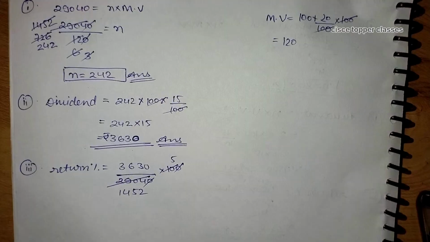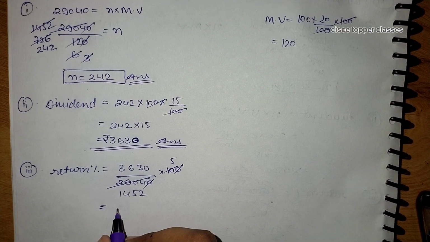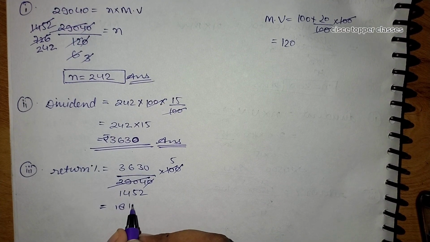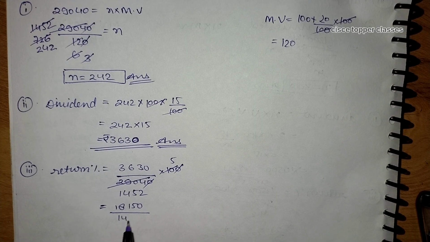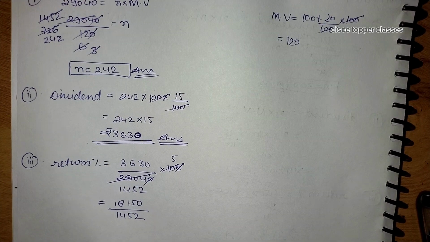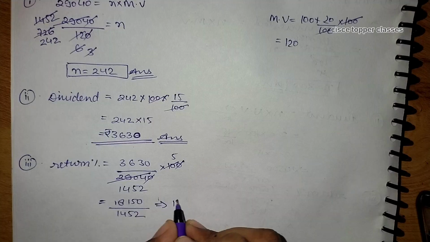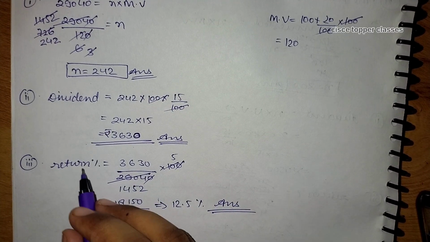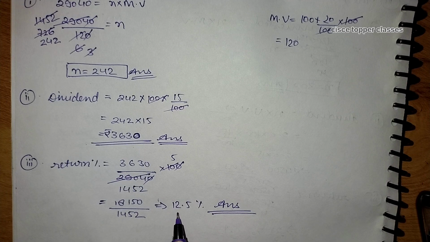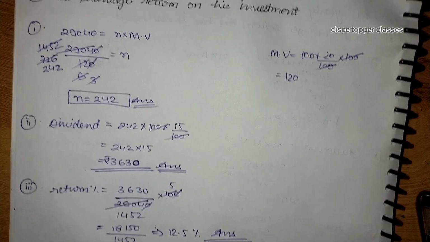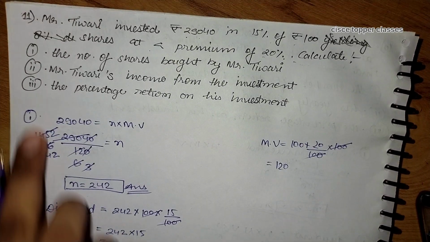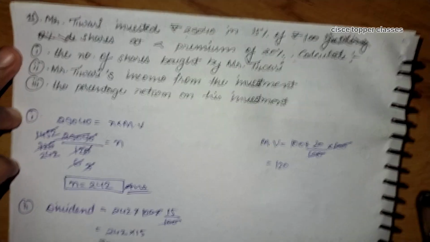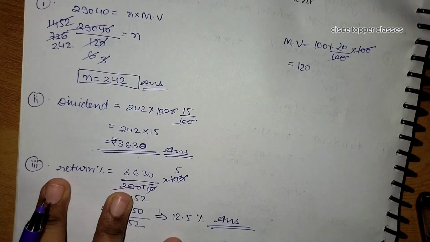So here on calculating this will be 18,150 divided by 1452. So somewhat this will be 12.5% as the answer in this question. Means the return percent in this question is 12.5%. So this is the final solution of question number 11, and these are the answers in this question.